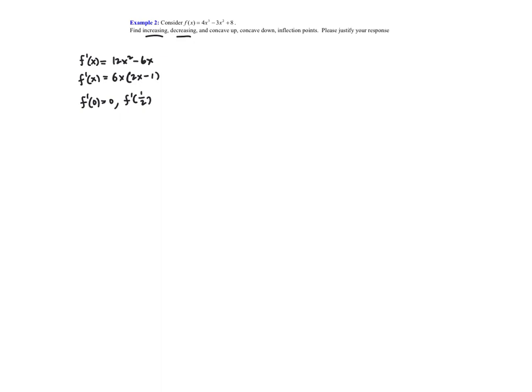Let's sketch those real quick. Of course, f prime is a quadratic. It's going to open upward with that positive leading coefficient. Here's x equals 0. Here's x equals 1/2. General sketch of f prime opens upward just like this.